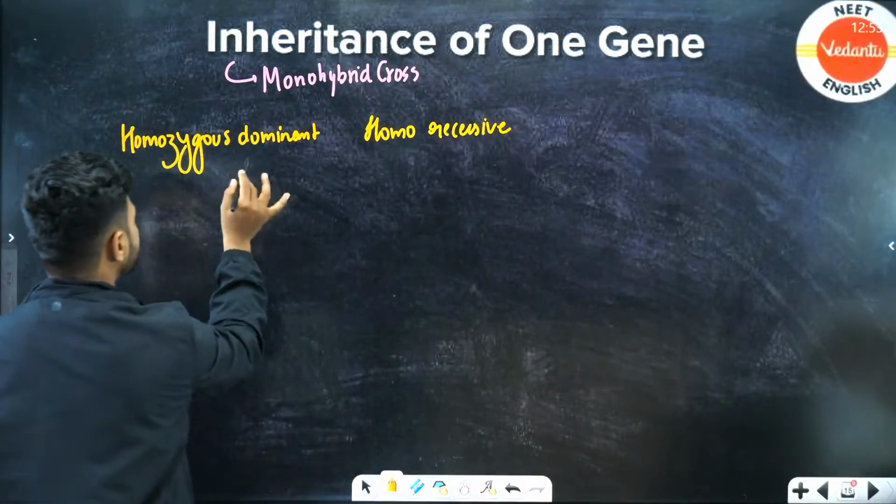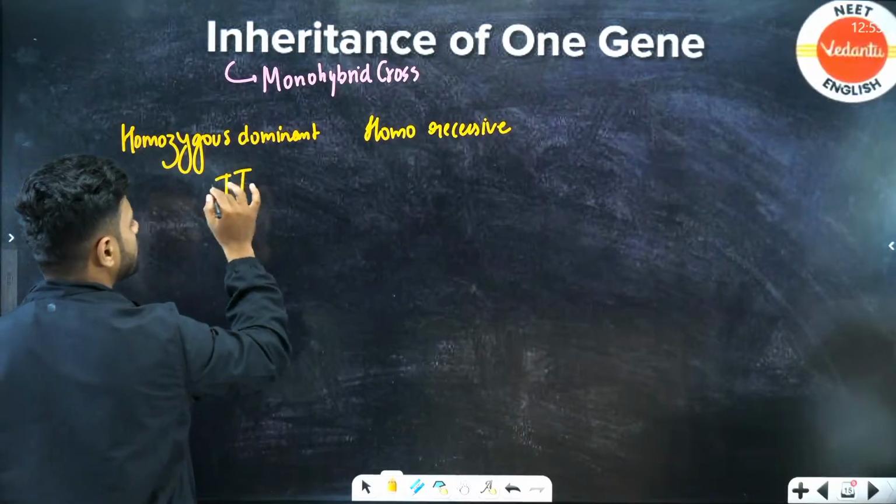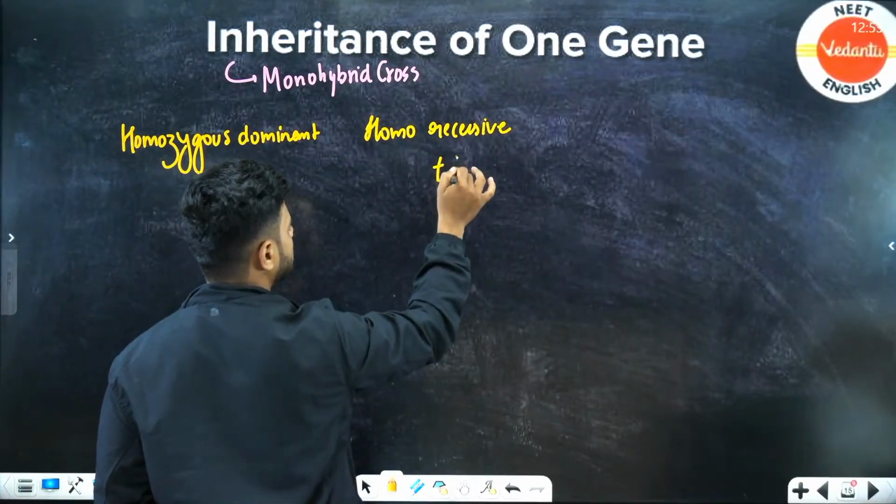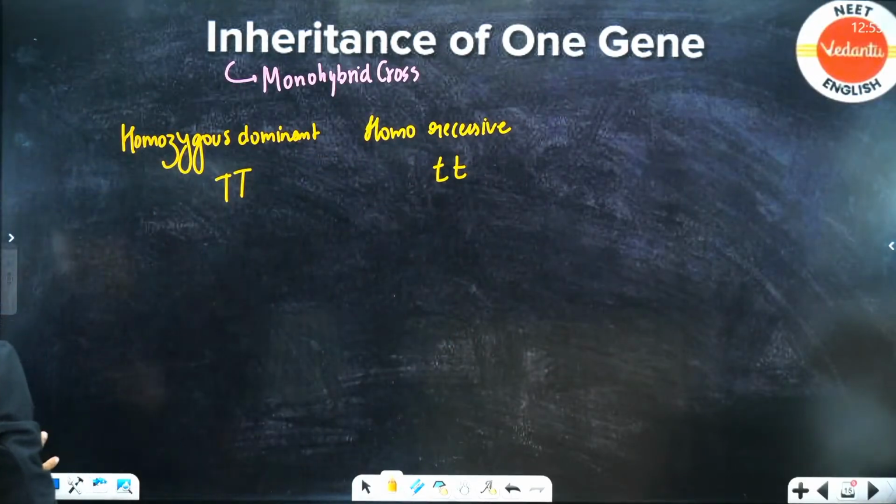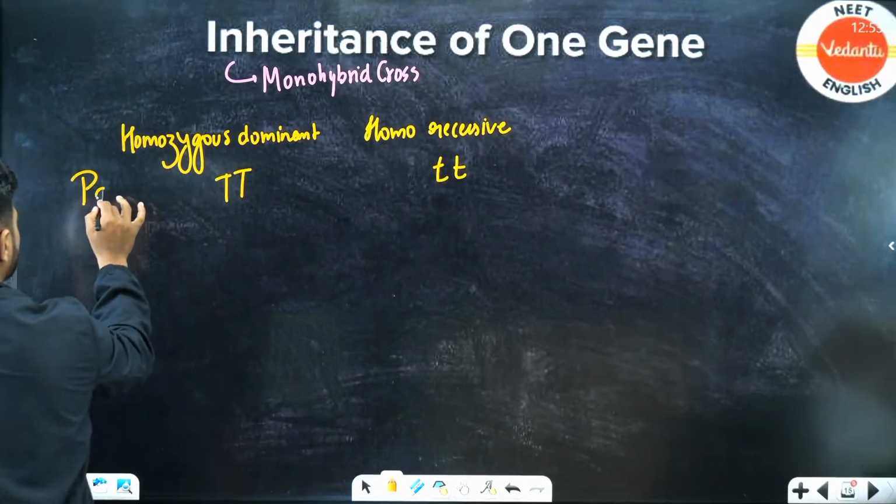Homozygous dominant will be capital T, capital T. Homozygous recessive will be small t, small t. This is basically the parents. This is selection of parents.